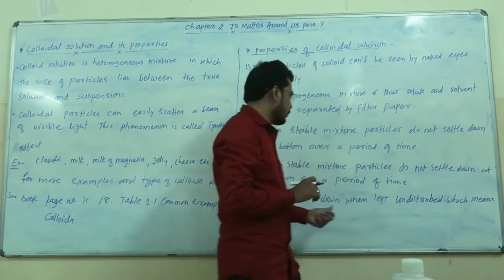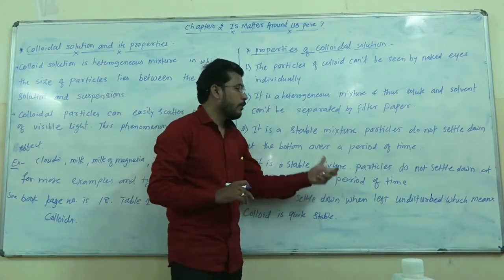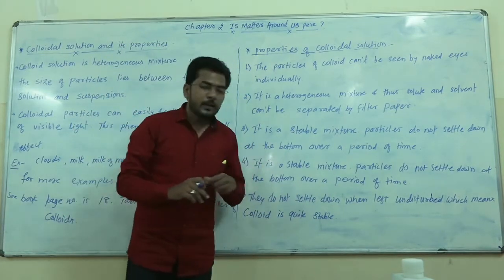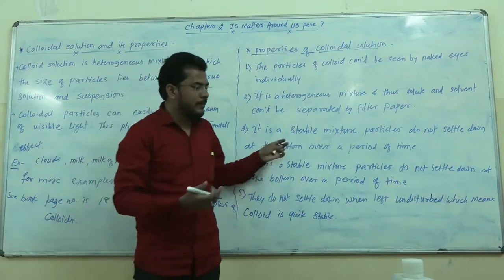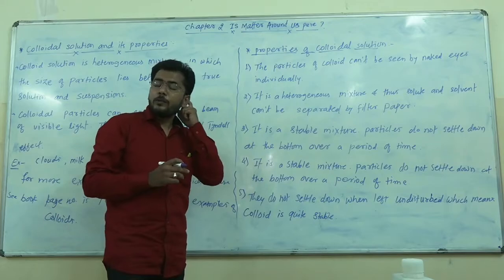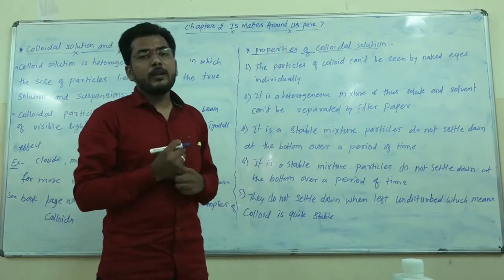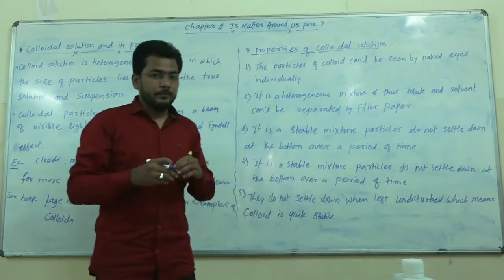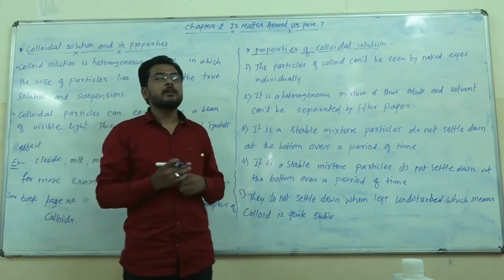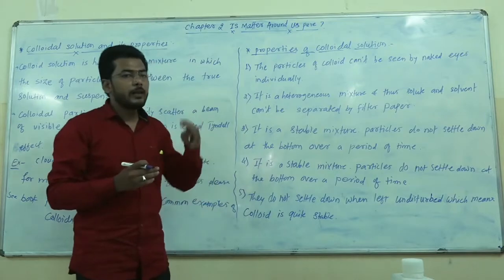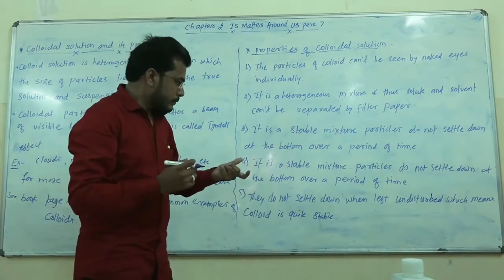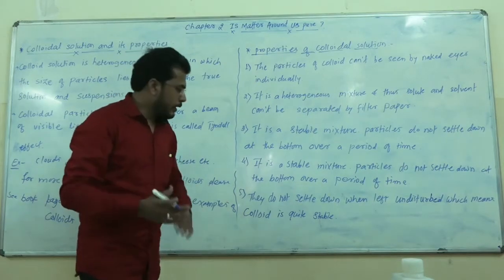Particles do not settle down at the bottom over a period of time. By mistake I wrote this line two times. So again I will explain: when a colloidal solution is kept for a long time, the particles will not settle down at the bottom of the container.